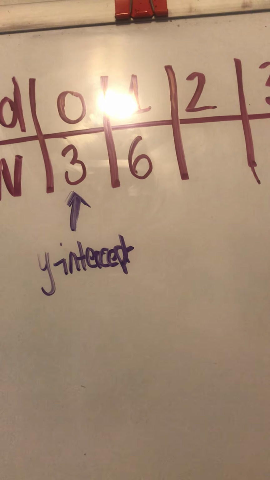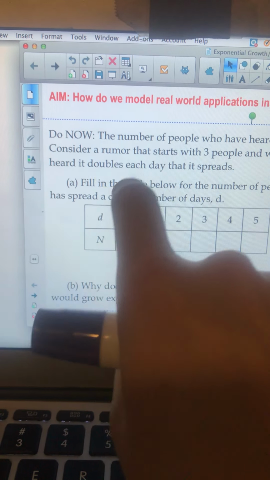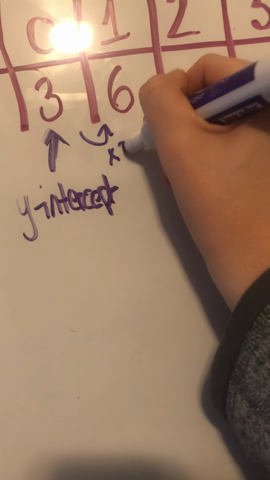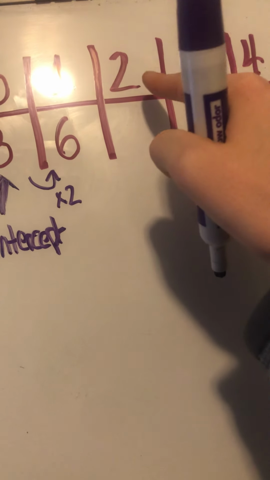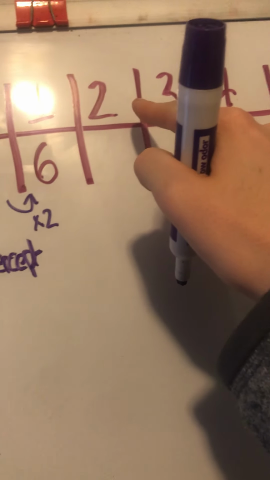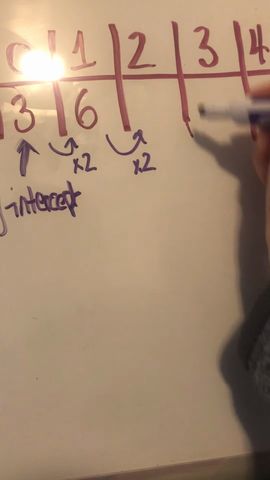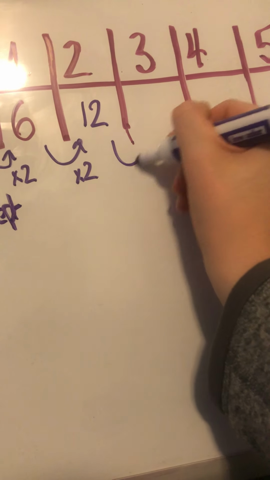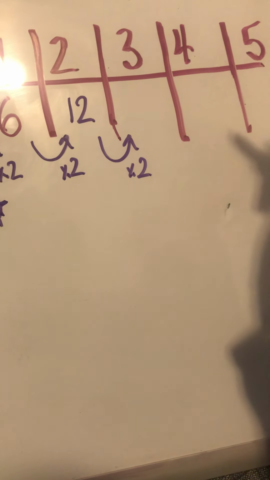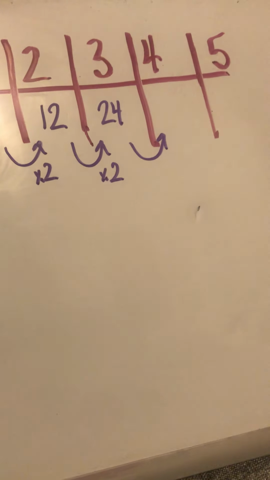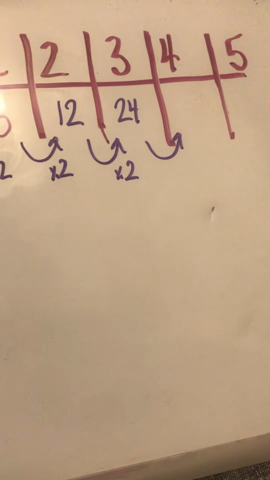How did they get 6? Oh, if we look back here, we know that it's doubling each day. So 1 day later, I know they multiplied it by 2. So if I want to know how many people are going to hear it after 2 days, well, that should also be multiplying by 2, which will leave me with 12. 3 days later, multiply by 2, that's going to give me 24. 4 days later, same pattern here.